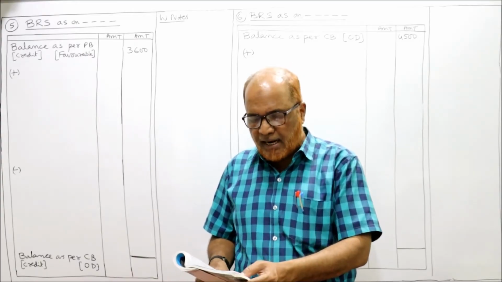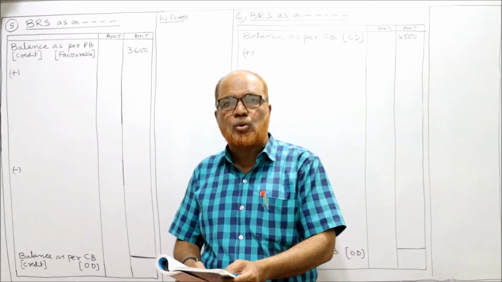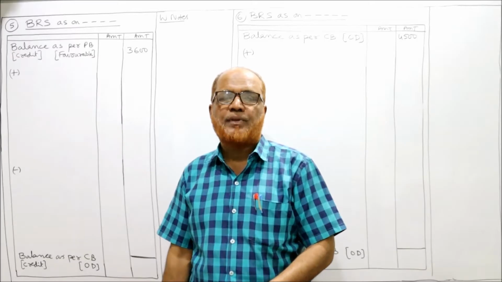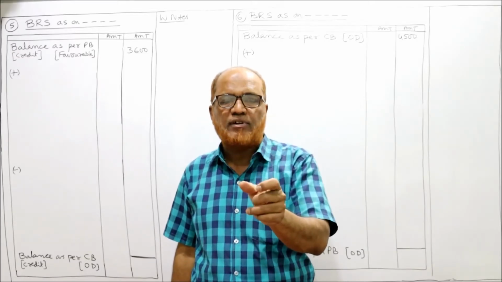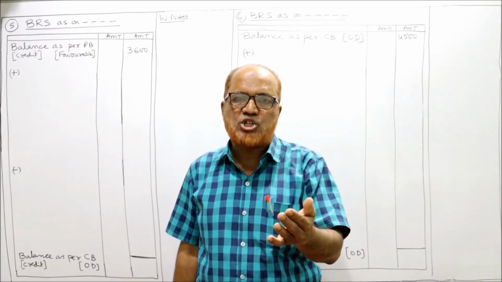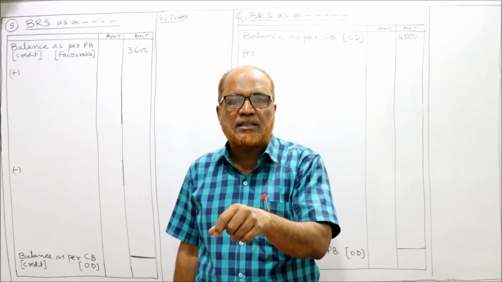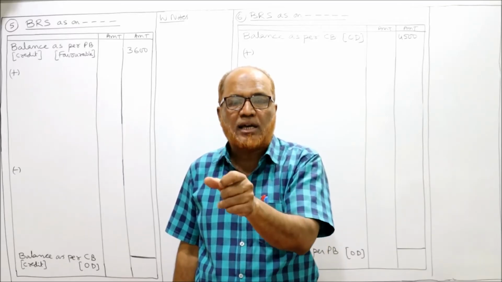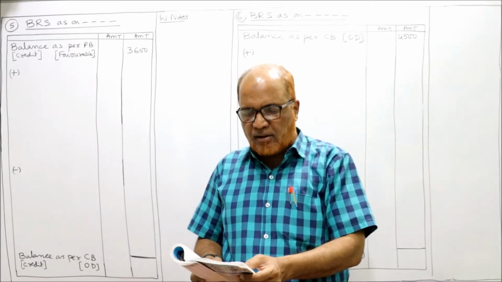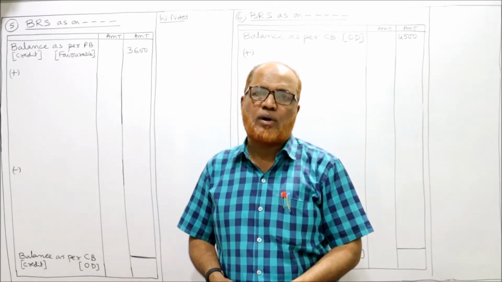In addition, you ascertain that a check of rupees 250 paid to Sharma has been wrongly credited in the cash column. In the cash book we have 2 columns, cash column and bank column. When we issue the check, we should record it in the bank column, but by mistake the accountant has recorded it in the cash column. Next, the debit side of the cash book, bank column, has been undercast by rupees 400.